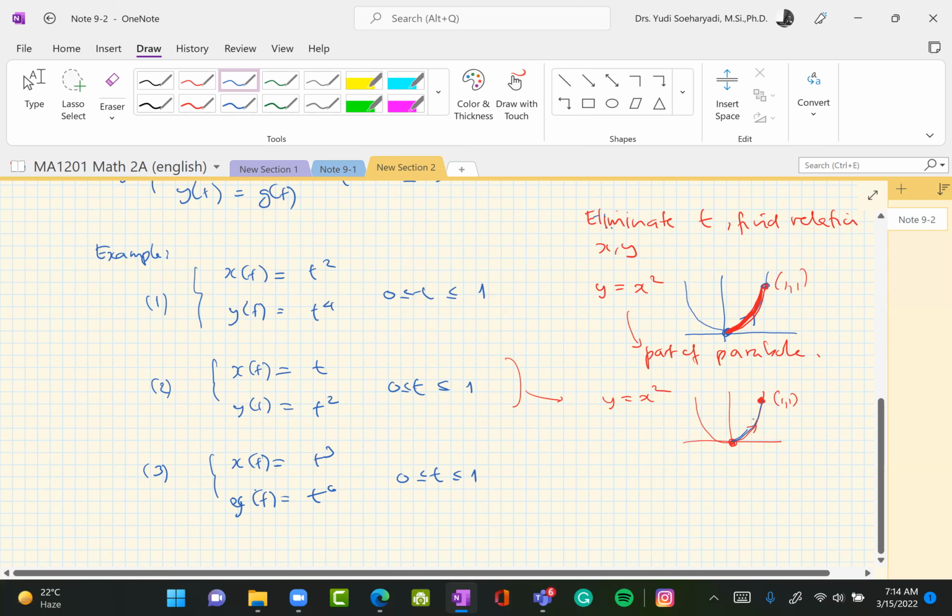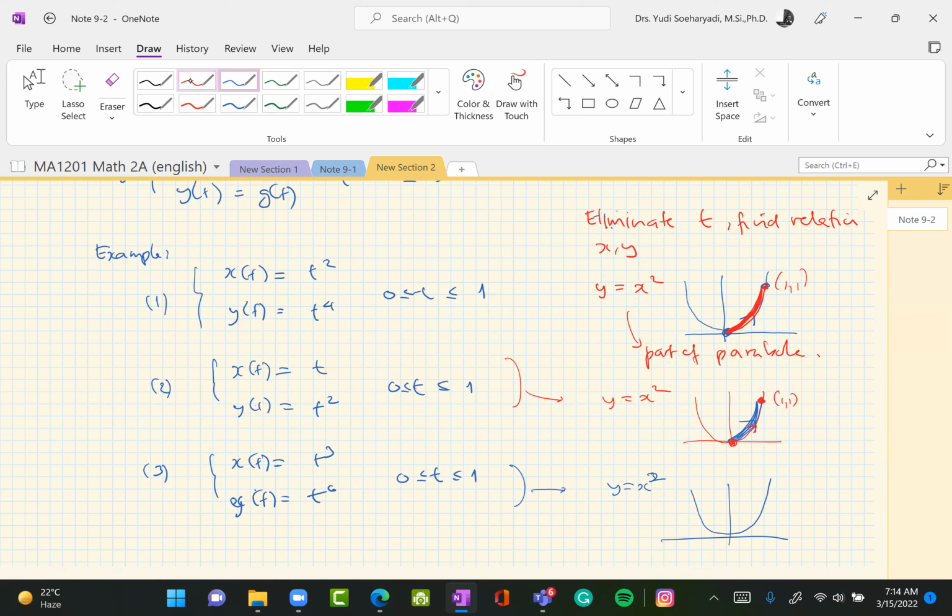So this is part of the parabola also. And the third one gives you also the same picture, starting from the origin to the point 1, 1 in this direction.